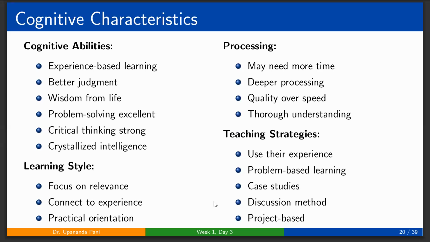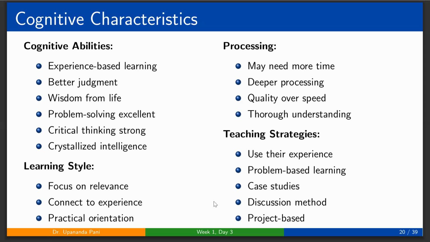Now coming back to the cognitive characteristics of adult learners. When we analyze cognitive abilities, they need experience-based learning. They have better judgment, they already have wisdom from life, and they have better problem solving and critical thinking ability.